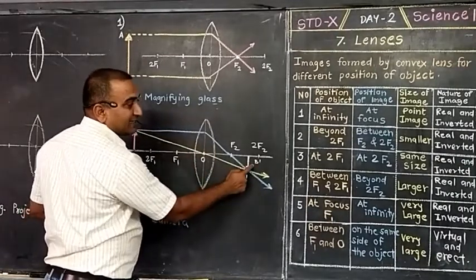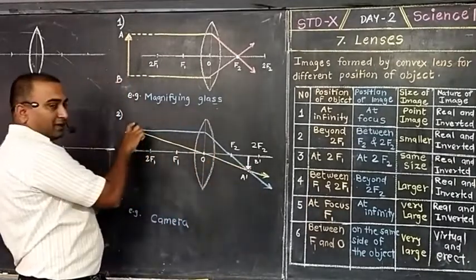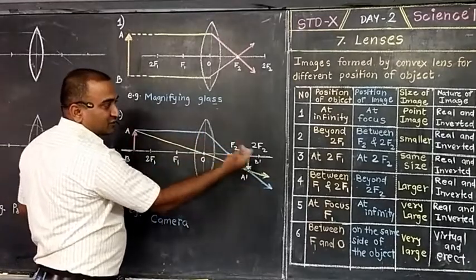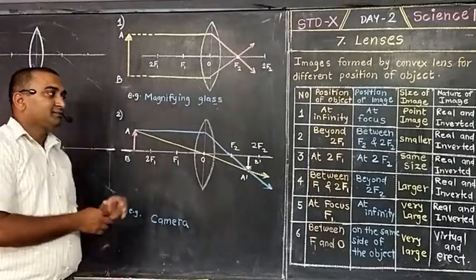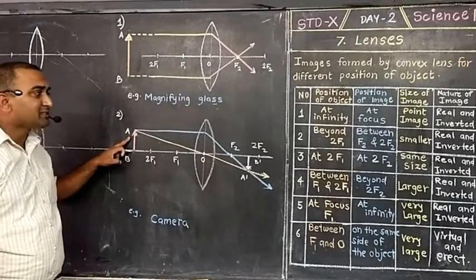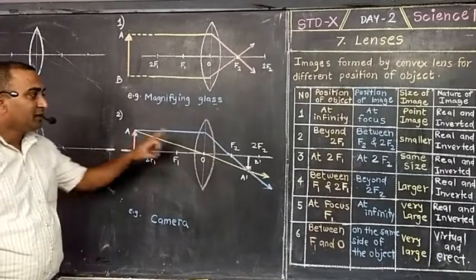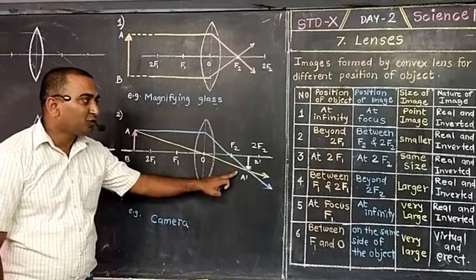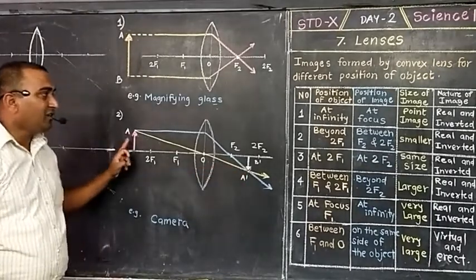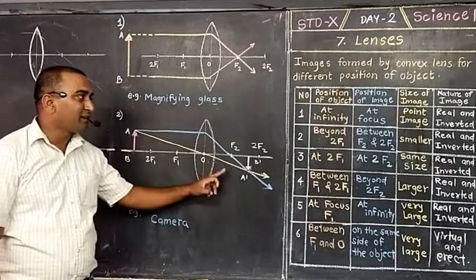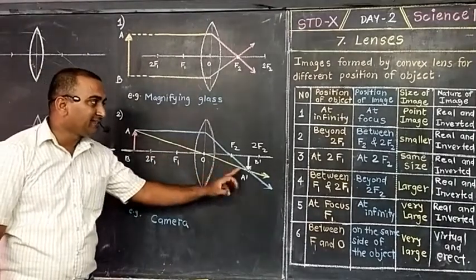So the image is real, and downward, so inverted. So what is the conclusion? When the object is beyond 2F1, the image is between F2 and 2F2. The image is smaller than the object, and the nature of the image is real and inverted.